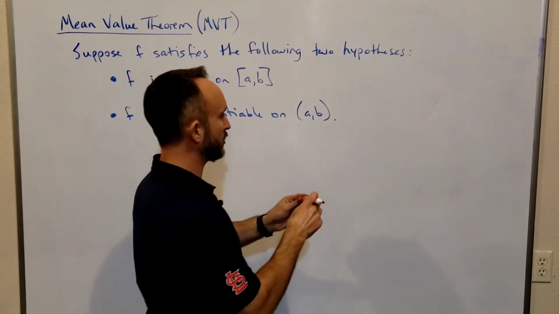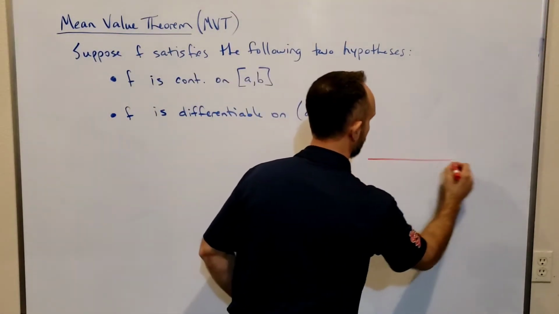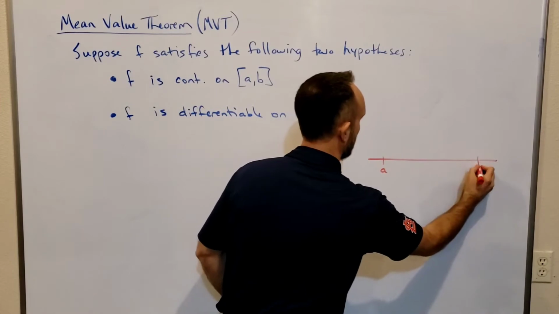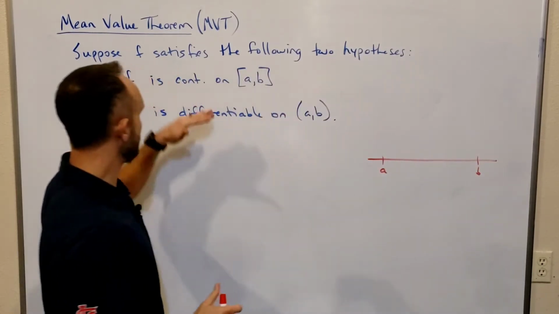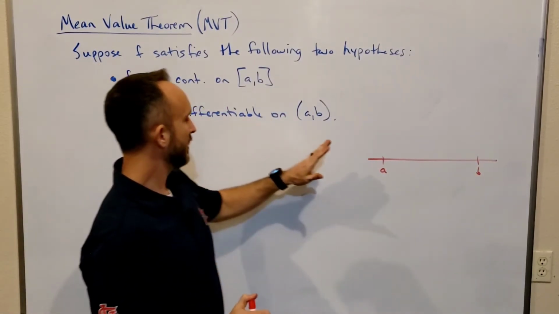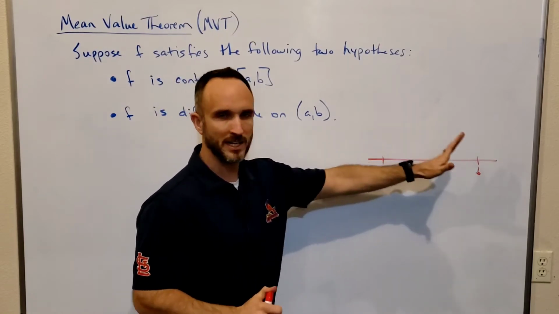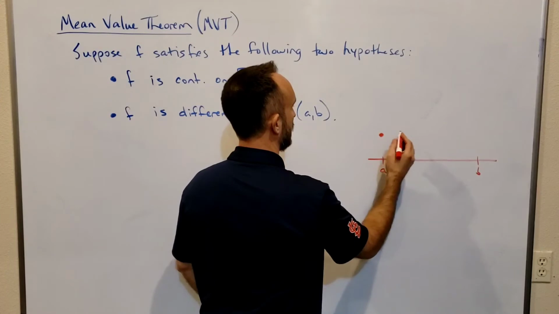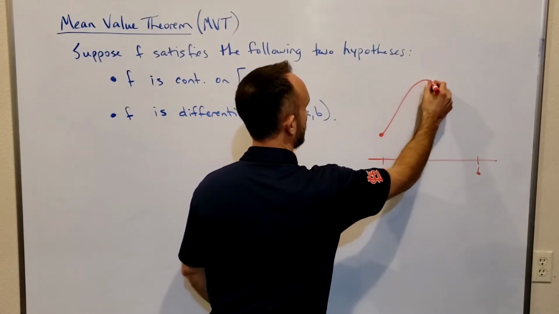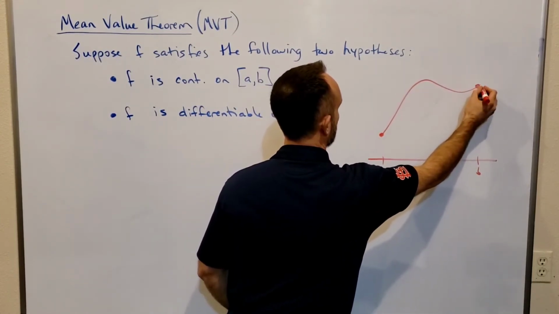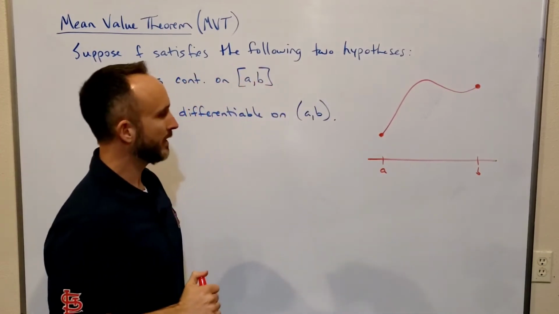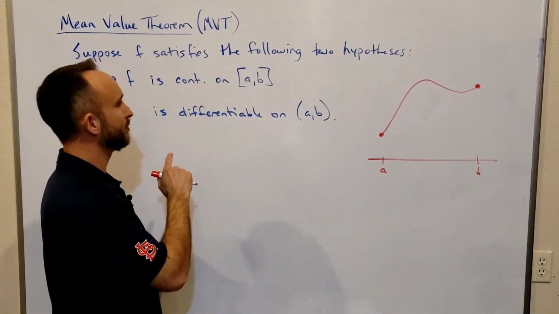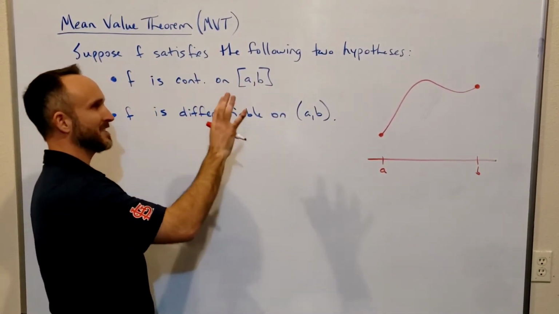So if we were to draw a picture of what's going on here, here's a, here's b. Continuous means I have to have a graph that runs from a to b without any gaps or breaks. So maybe it does something like this. That's a continuous function, and differentiable means it has to be smooth.